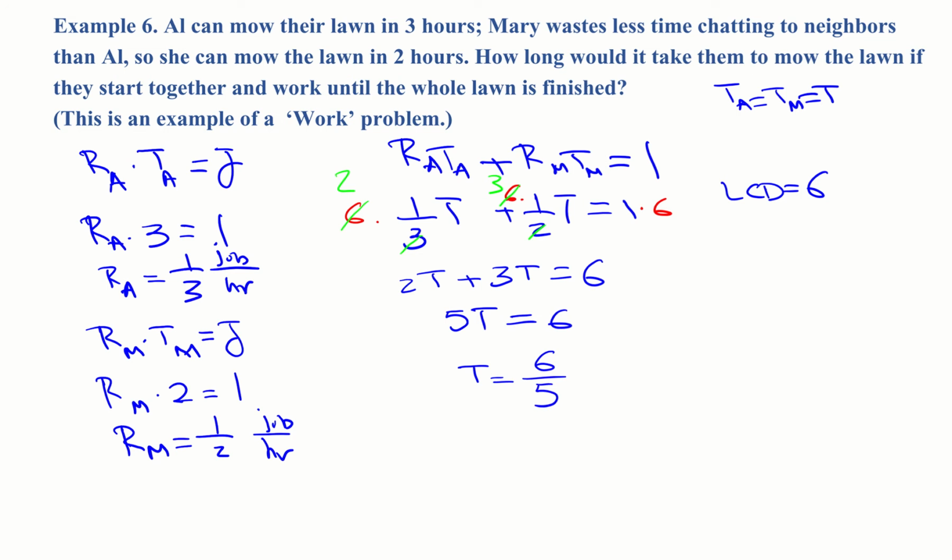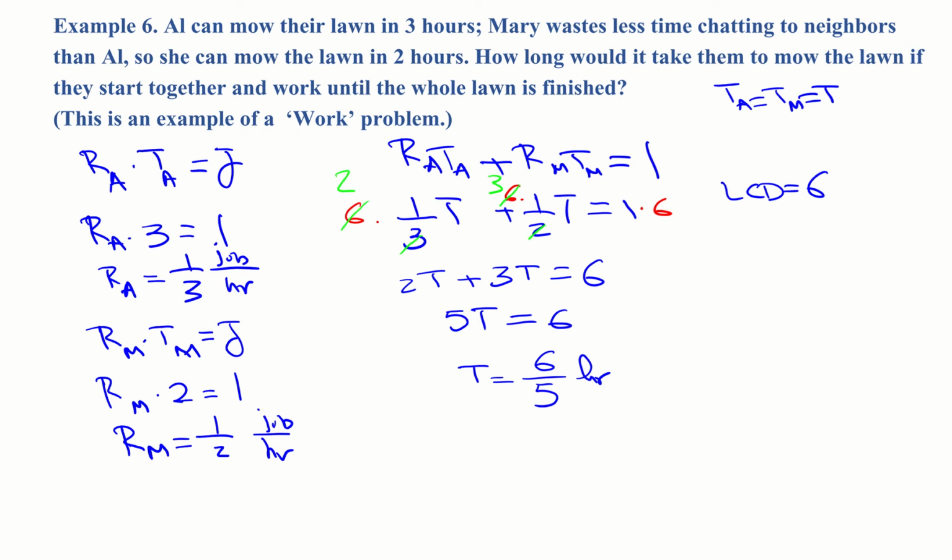6/5. And remember, of course, the unit for time is going to be hours, right? So what does that mean? That means they can do the whole lawn together if they start together and finish together, and each of them just goes at their own individual speed, right?